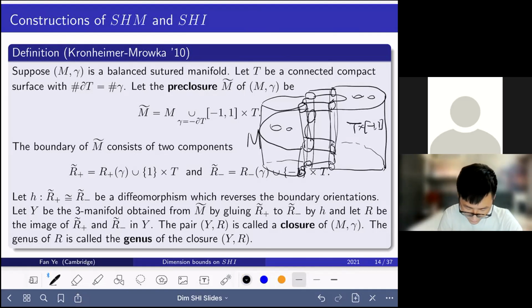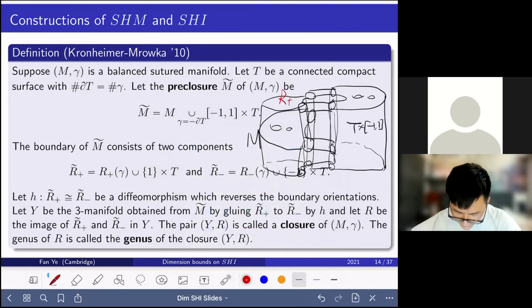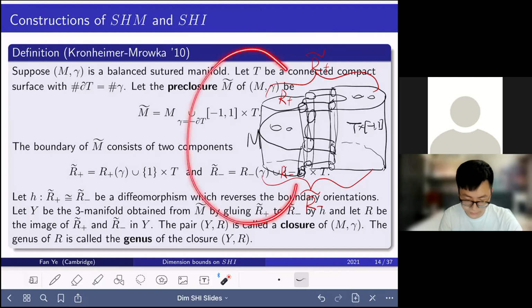Then where are R plus and R minus? This is R plus, this is R minus, so this part is R plus tilde, and this part is R minus tilde. Then we choose a diffeomorphism of R plus tilde to R minus tilde such that we glue them together.